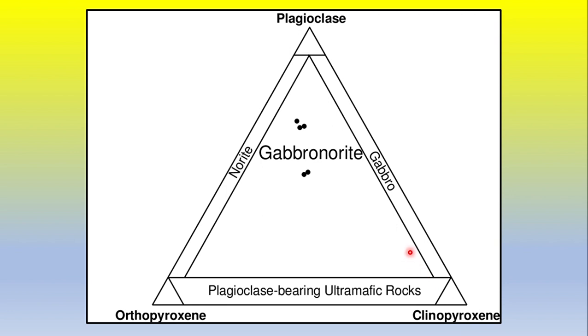So what is the difference between gabbro and norite composition? In gabbro, clinopyroxene is dominant, and in norite, OPX is dominant. When both OPX and CPX are dominant, then the rock is known as gabbronorite. This is the Google image, you can also see it on Google. So remember the composition of norite and the composition of gabbro.